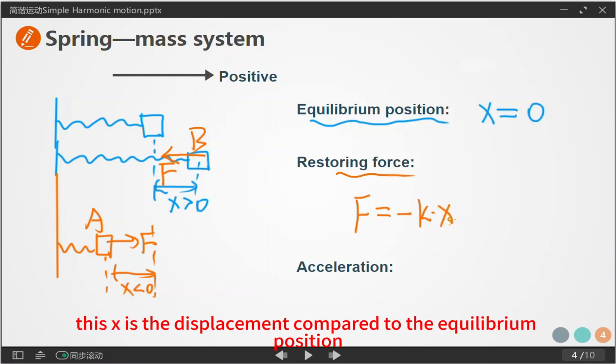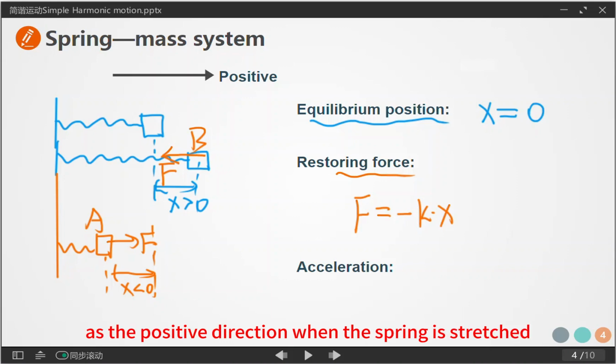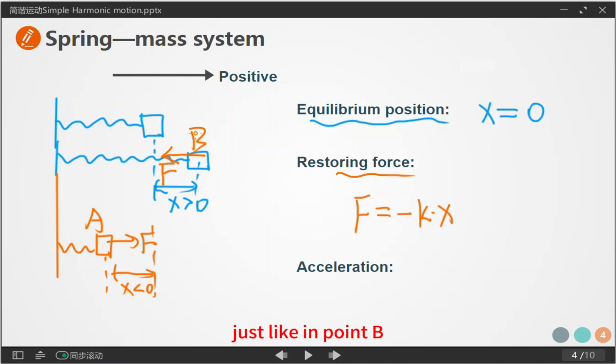And this x is the displacement compared to the equilibrium position. The minus sign in the formula means that the restoring force is always opposite in direction to the displacement. For example, if we take the right as the positive direction, when the spring is stretched, just like at point B, the displacement x is positive, but the restoring force is to the left.